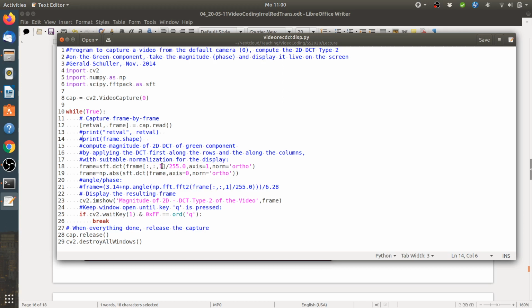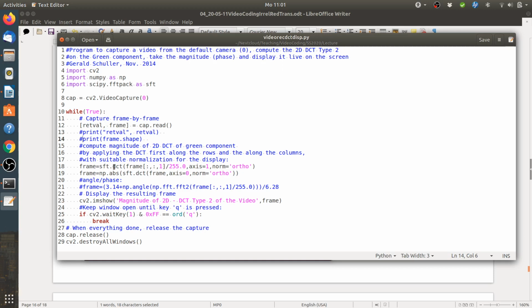So green for me is kind of a cheap approximation of the Y component. Remember, when we compute the Y component, the largest factor was with the green component. So for me, this is just a cheap approximation of the Y component, just taking the green, because the green component almost looks like the Y component, and if you don't have a comparison side by side, you don't notice it. Yeah, so here it applies the DCT.